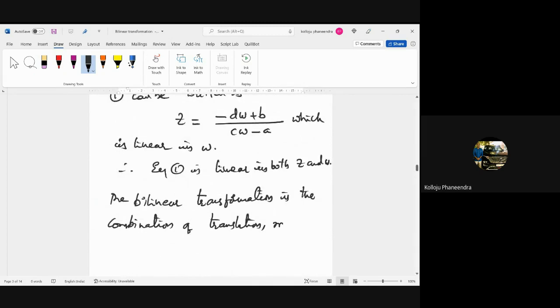And 1 by Z is inversion. So the bilinear transformation is a combination of all the previous transformations.